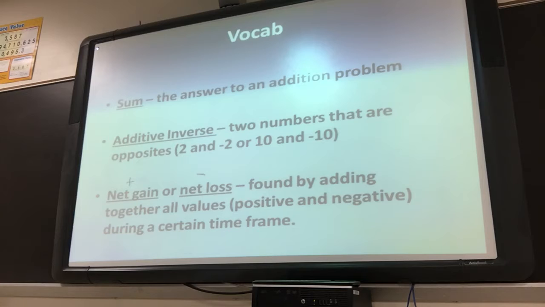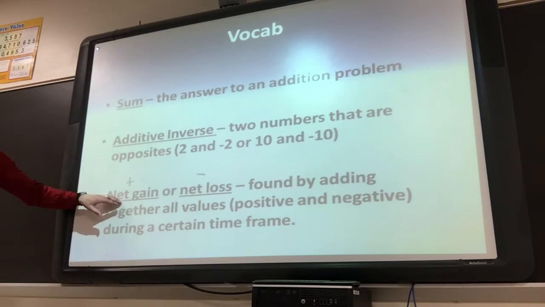So one example you might see a net gain or a net loss is if you have a bunch of numbers that you're putting into your bank account. So I'm going to put money into my bank account, and I'm going to take money out. I'm going to put money in, take money out. Put money in, take money out. At the end of the month, you want a net gain. You want more money than zero, basically.